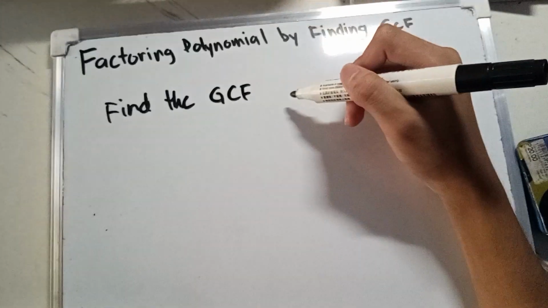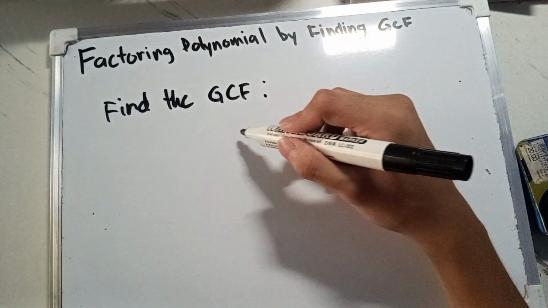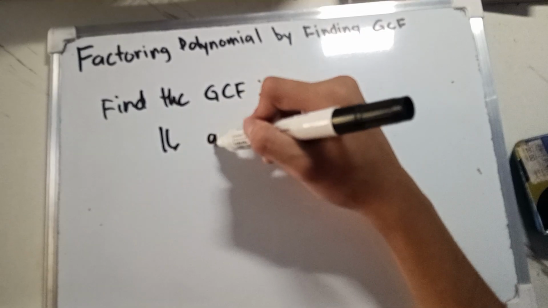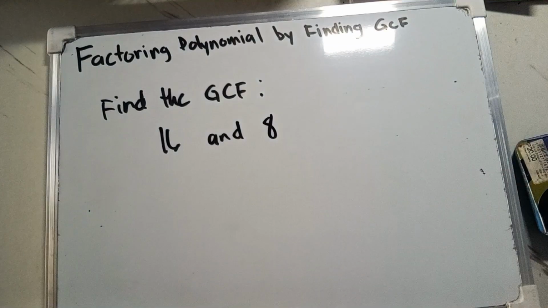We are to find the GCF of these two numbers, 16 and 8. So how do we find it? Same thing as before.